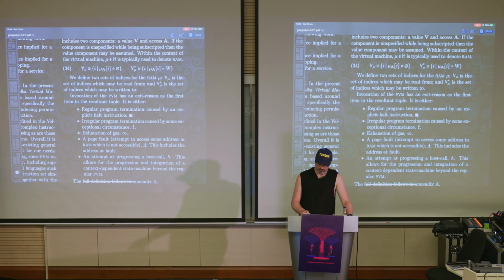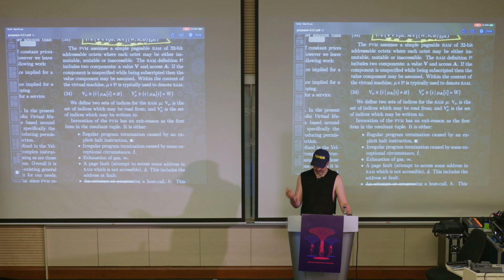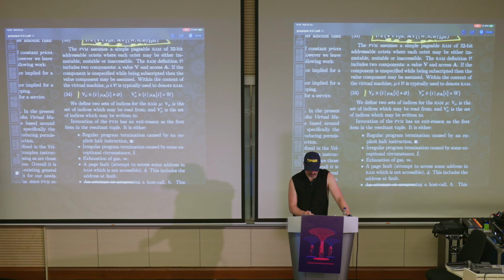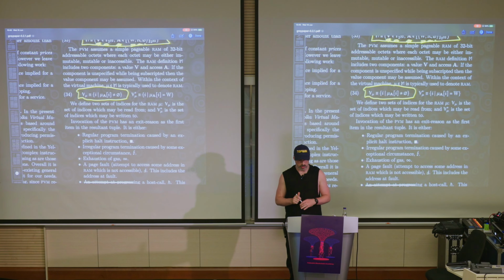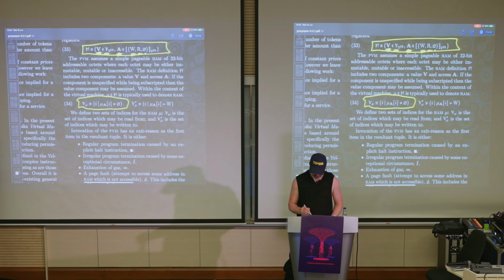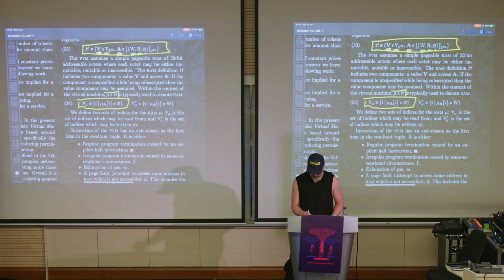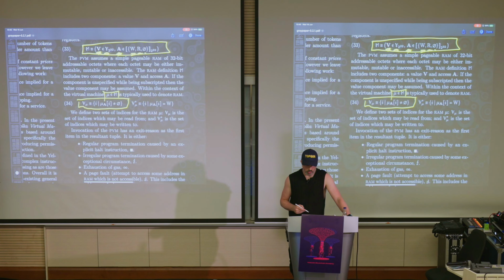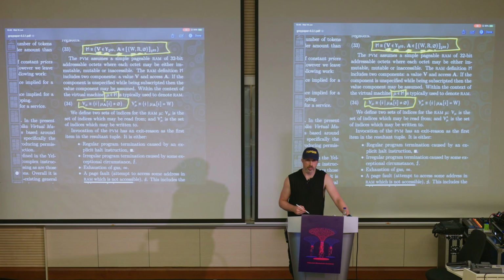To make things a little bit simpler, or at least easier when specifying what we do in terms of the PVM, we actually have two convenience sets, given some memory, some RAM mu, which is a member of the set blackboard M. Given mu, we have two derivative sets, which are all indices which we can read from and all indices which we can write to.